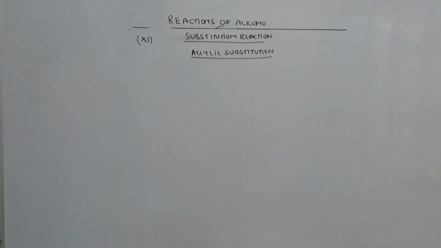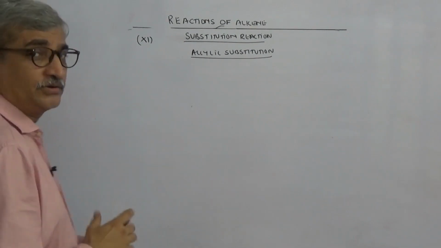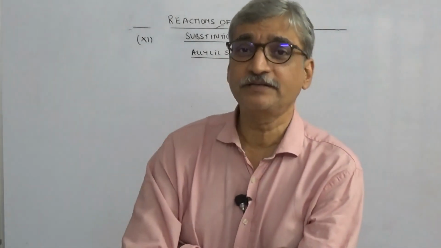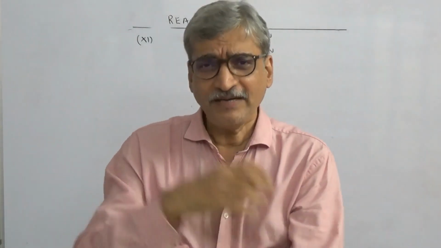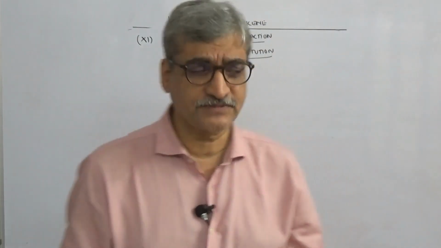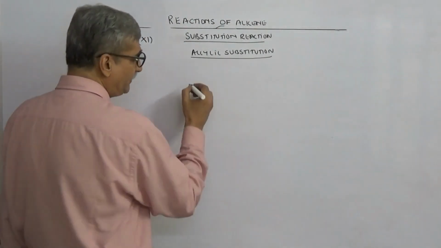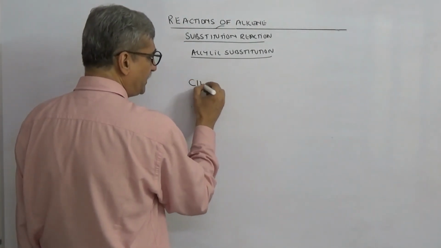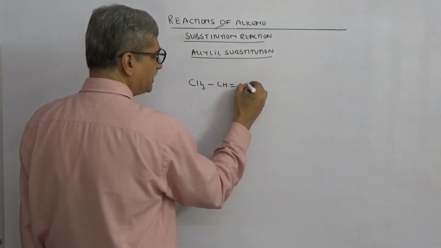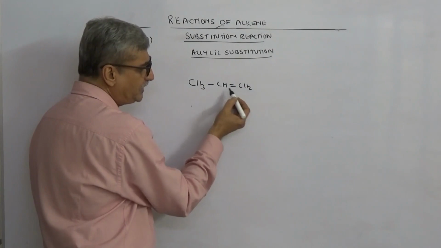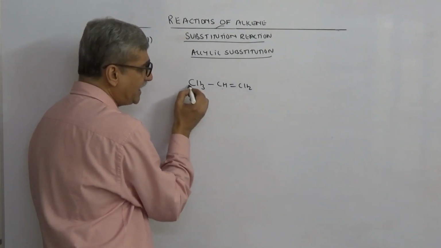Now, I told you the characteristic reaction shown by alkenes is electrophilic addition. Is this clear? But it does show a rare substitution reaction, which we call allylic substitution. Suppose you take propene, CH3CH=CH2. If you remember, I told you this is 1-propenyl, this is 2-propenyl, and this is allyl.